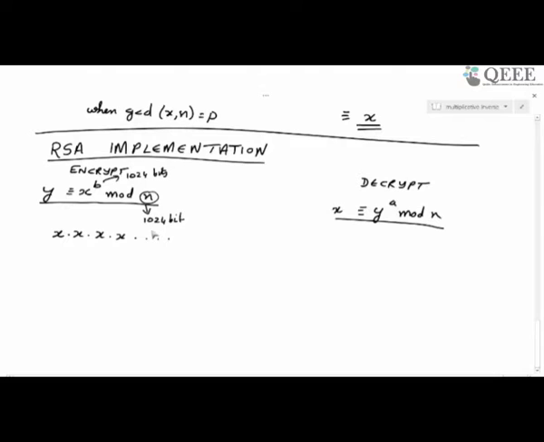So we need a better way than this very naive approach, with which you can possibly never do a single encryption. So in order to do this, what we will be seeing is a simple algorithm known as the square and multiply algorithm.